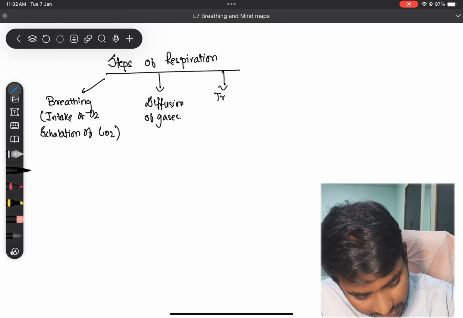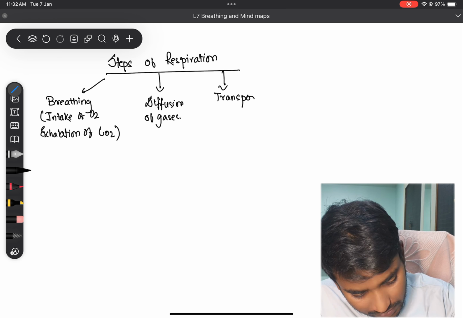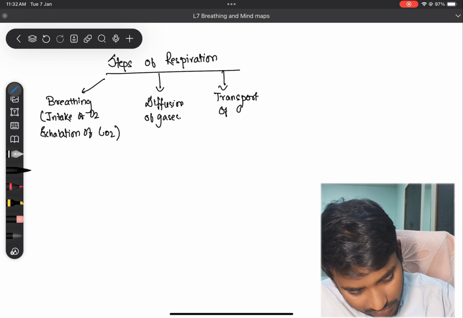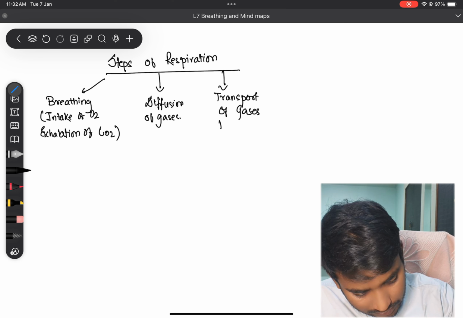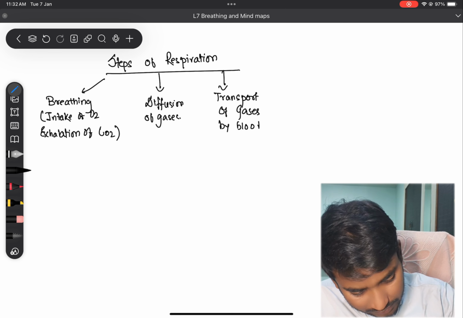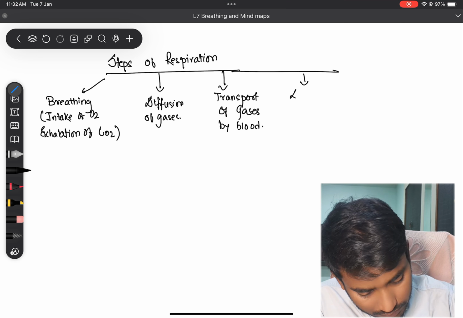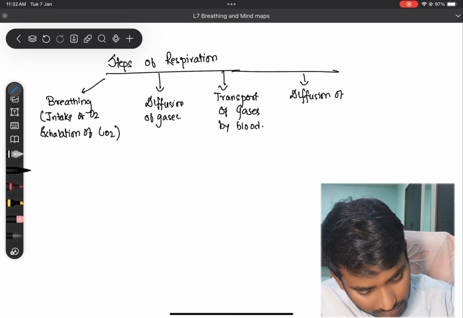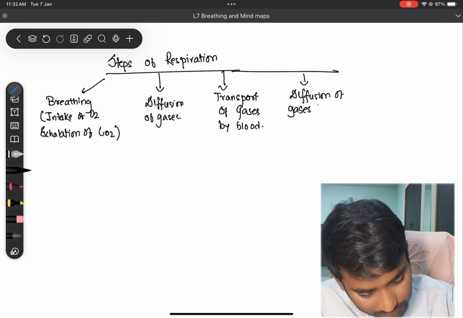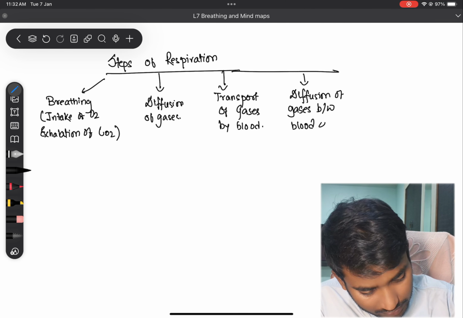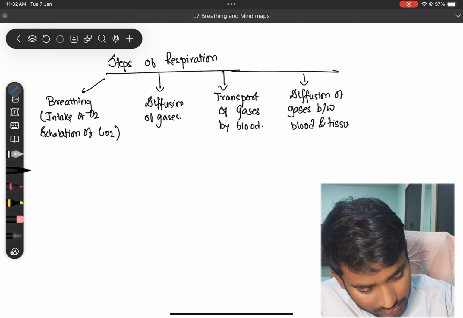Third is transport of gases by blood. Then diffusion of gases between blood and tissues.